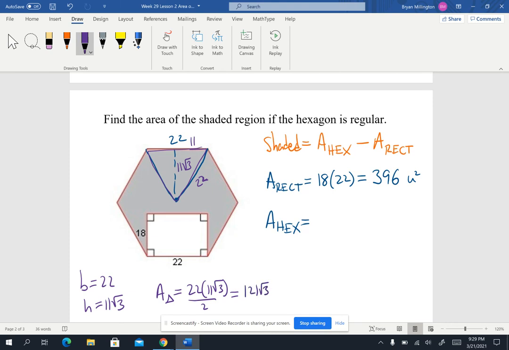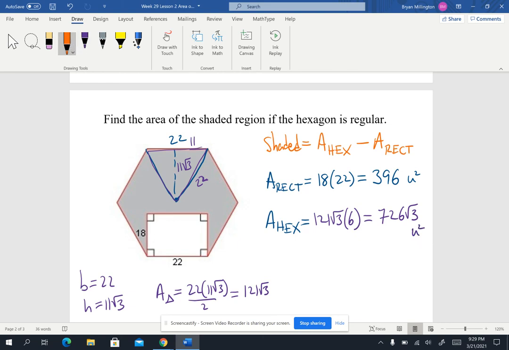So that's the area of one triangle. All right, so the area of the hexagon would be 6 of those, right? There'd be 6 equilateral triangles. So 121 root 3 times 6 would give me the area of the hexagon. 121 root 3 times 6 is 726 root 3. And that's also units squared.